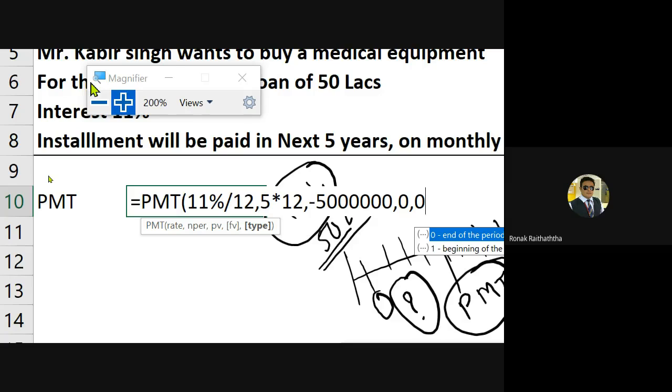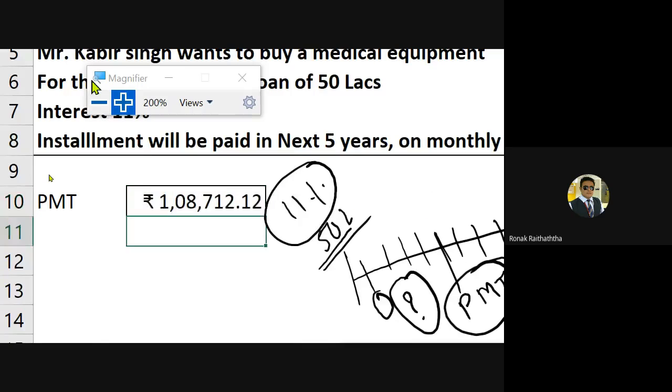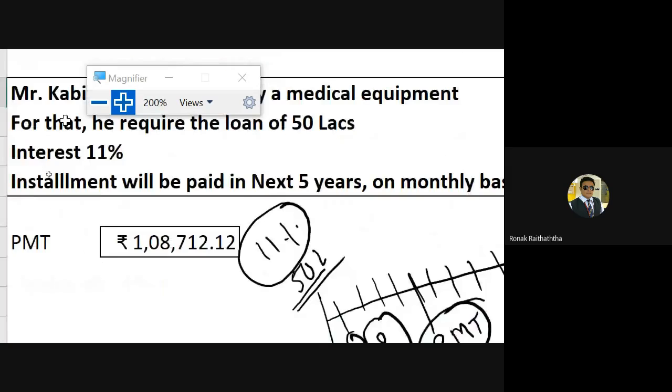Ordinary का नाम ही ordinary है, तो मतलब कि extra ordinary ना हो तो ordinary ही आने वाला है. So closing the bracket, pressing the enter, and here we are. Mr. Kabir Singh will have to pay 1,08,712 rupees as an installment in each and every month if he has taken the loan of 50 lakhs rupees.